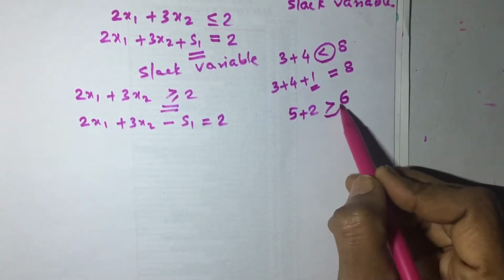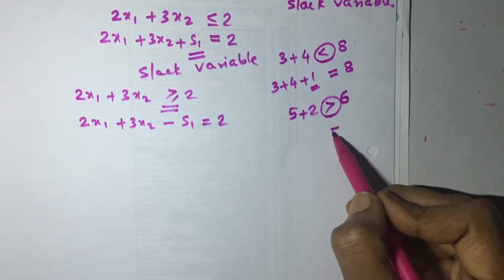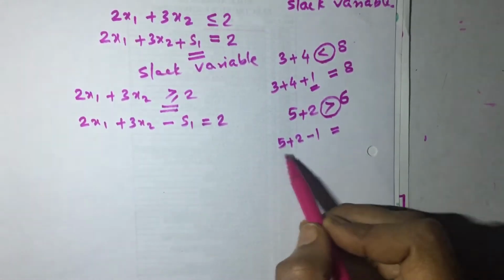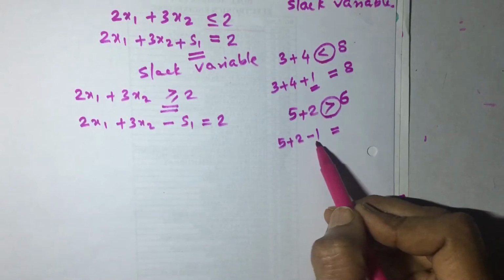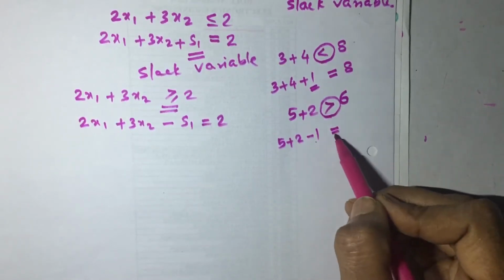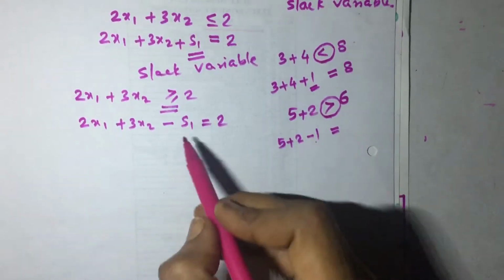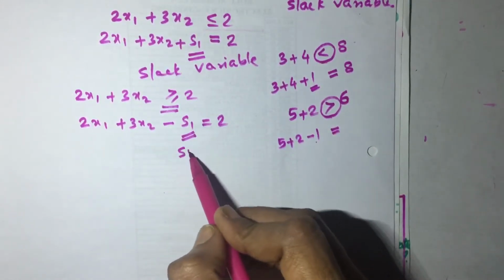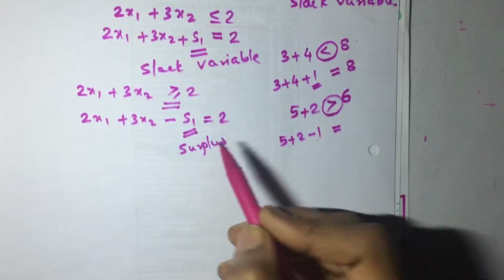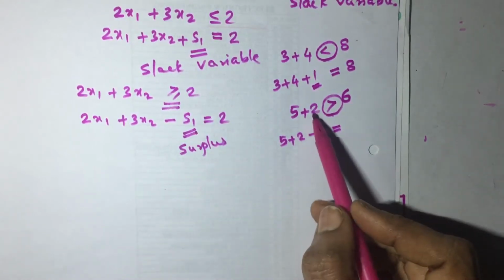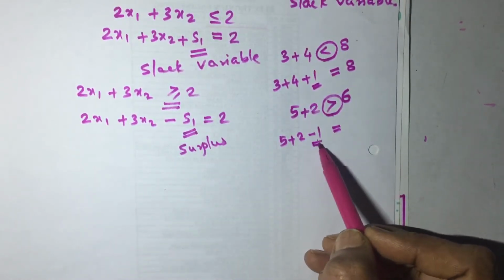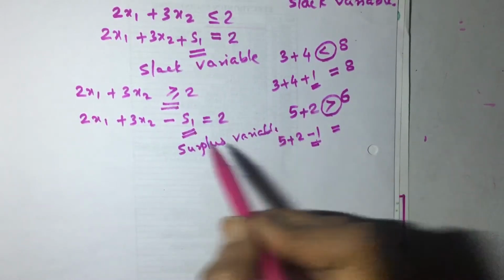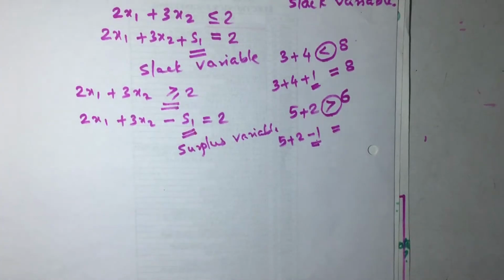Now how can I convert this greater than symbol to an equal sign? By subtracting some term. When I subtract 1, this greater than sign changes to an equal to sign. The number you are subtracting is called the surplus variable, or you can say a negative slack variable.